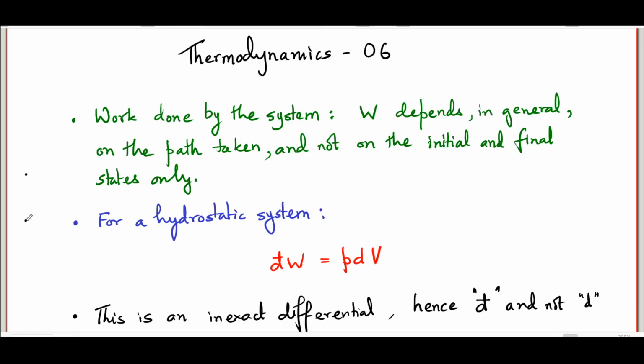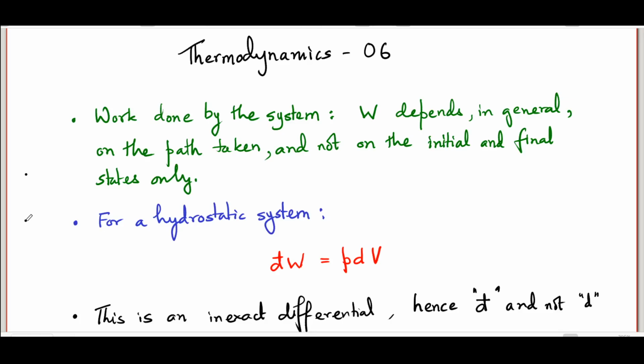No such function exists. In the last lecture, we also saw a condition which will tell us whether a given differential is exact or not. And by using that, it is pretty obvious that P dV cannot be the differential of any function of thermodynamic coordinates.